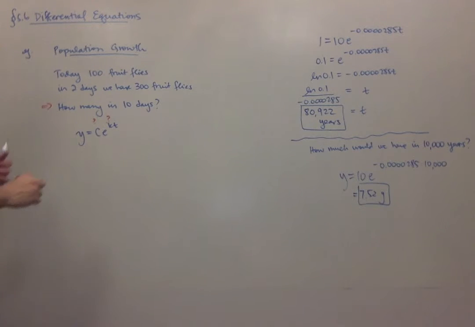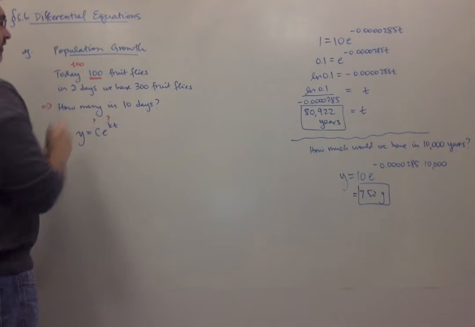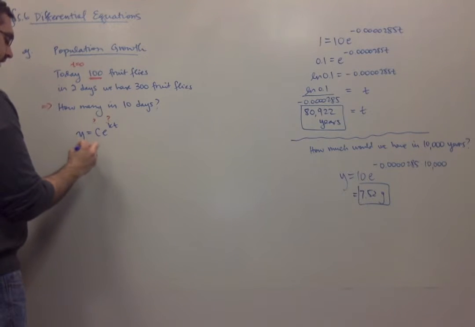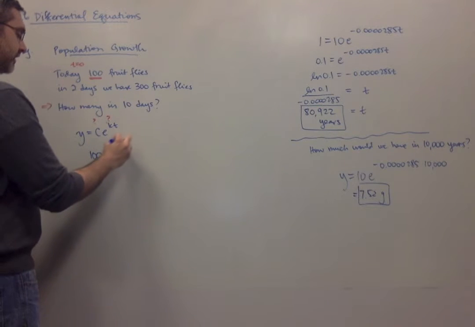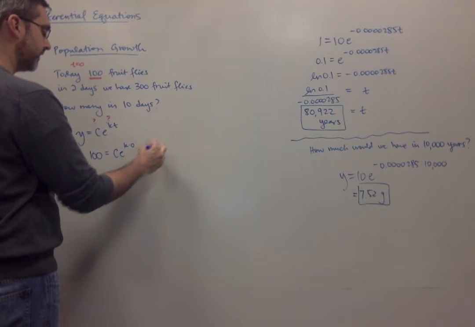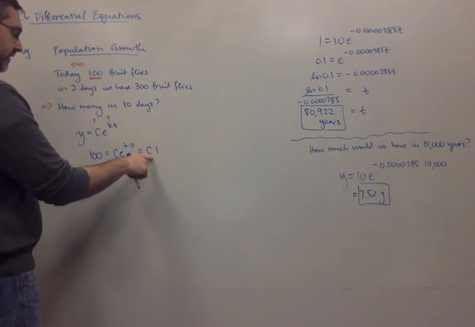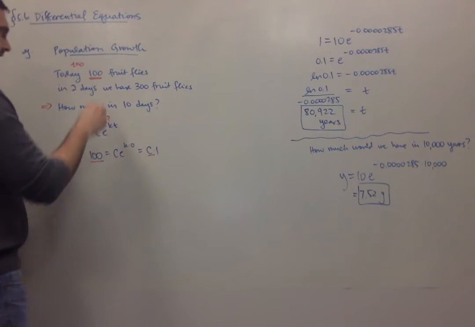So let's start with today. Today at time 0, we have 100 fruit flies. So if we were to put in 100 equals c e to the k times 0, what you'll see again is the k goes away, and that constant c is 100. So we've solved for the c, given this information.